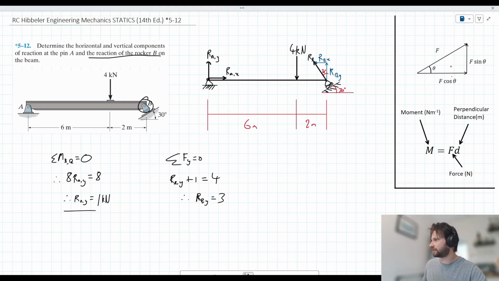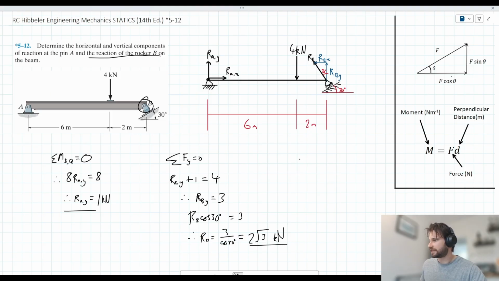And if we imagine ourselves taking this idea and rotating it 90 degrees anti-clockwise, then we can say that RB, Y is just RB cos 30. So we can say RB cos 30 is equal to 3. Therefore, RB is equal to 3 over cos 30 degrees, which I happen to know is equal to 2 root 3. So we can say 2 root 3 kilonewtons there.